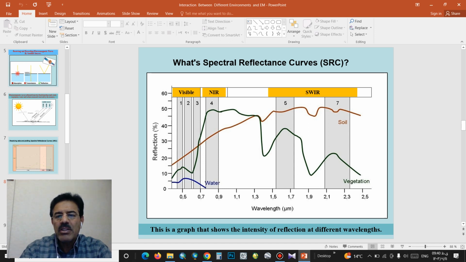For example, soil, vegetation, and water in three spectrums of electromagnetic waves: visible, NIR or near infrared, and SWIR or shortwave infrared.